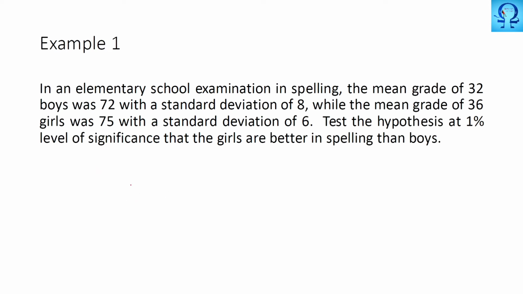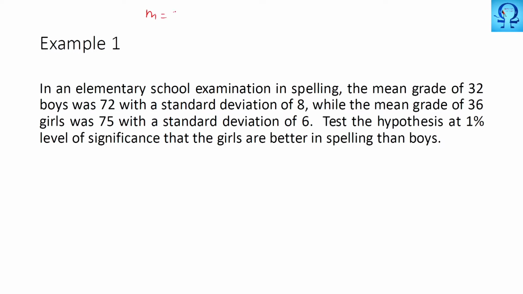In this problem we are given that in an elementary school examination in spelling, the mean grade of 32 boys was 72 with a standard deviation of 8, while the mean grade of 36 girls was 75 with a standard deviation of 6. Now we need to test the hypothesis at 1% level of significance that the girls are better in spelling than boys. So first of all let us squeeze out the information given in this problem.